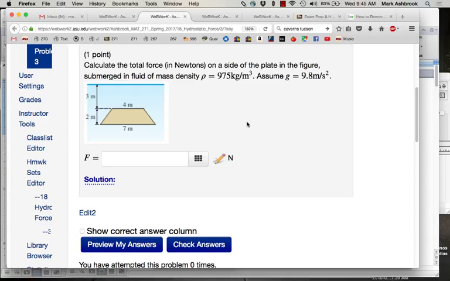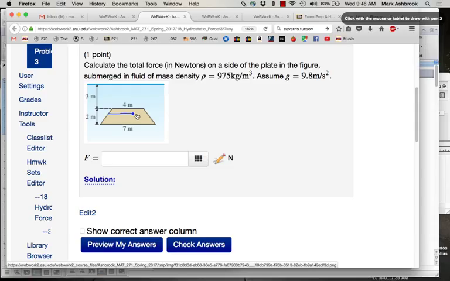Okay, and let's do a couple of them, okay? So for this one, we've got this plate, and because it's trapezoidal, meaning these edges are linear, just like we talked about, we're going to take a typical strip. We need an element for which we can calculate the force.